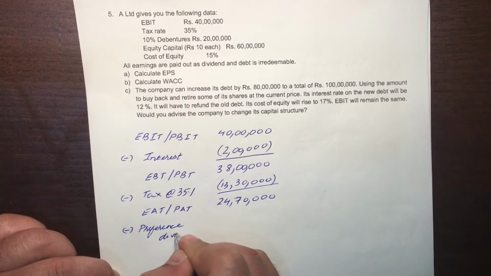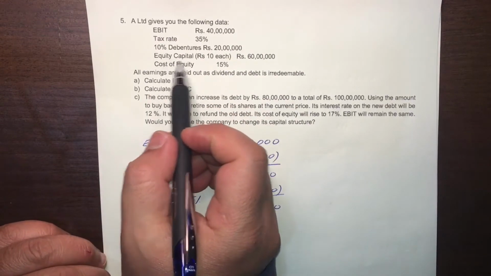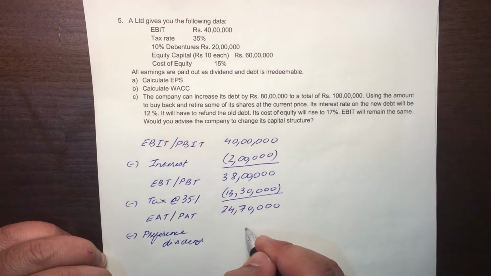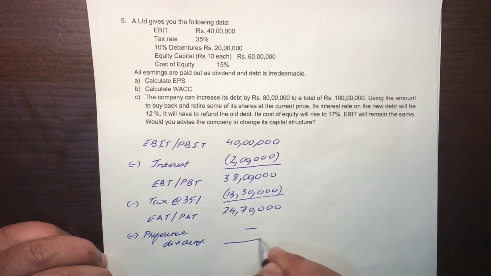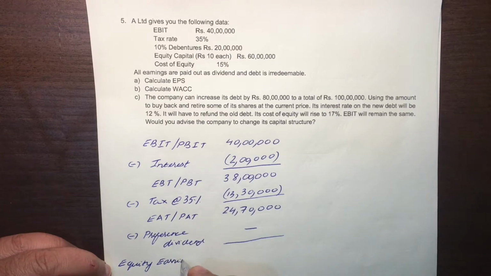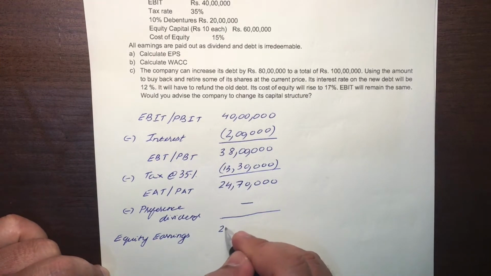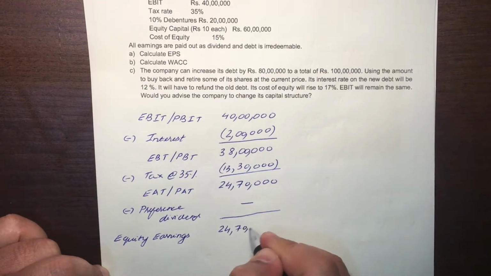All right, minus preference dividend. Is there any preference dividend in this problem? Well, we can see that there's no preference dividend. So dash, nil. So finally we are left with equity earnings. Equity earnings is nothing but earnings available to equity shareholders, which is 24 lakhs 70,000.